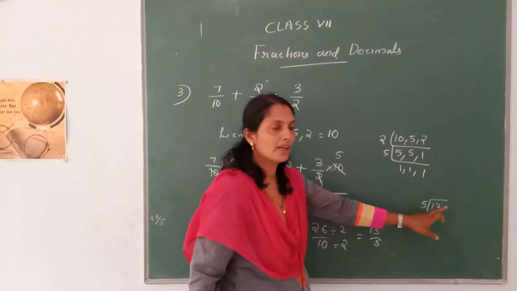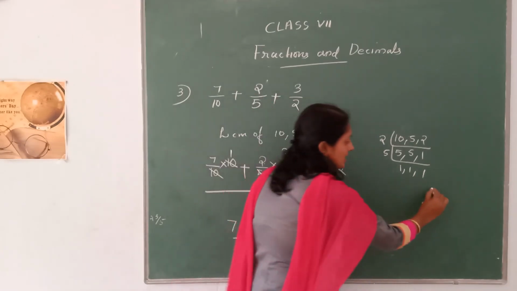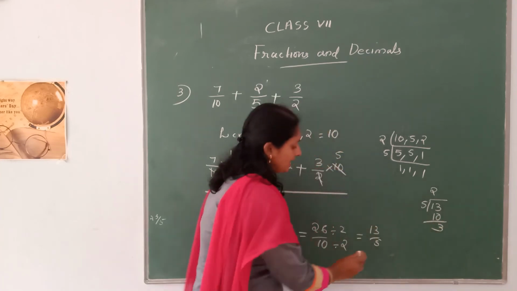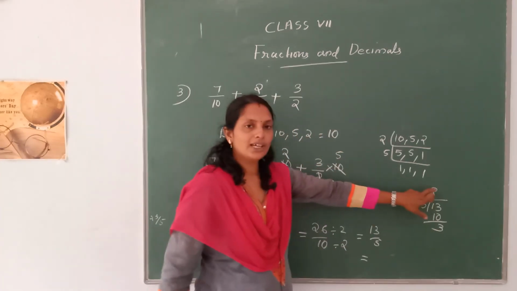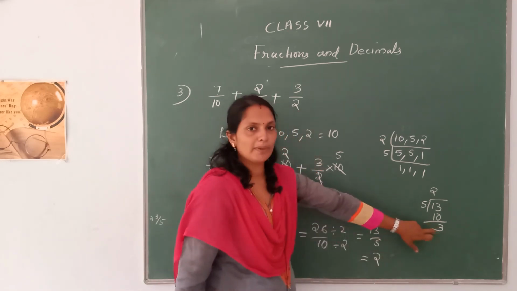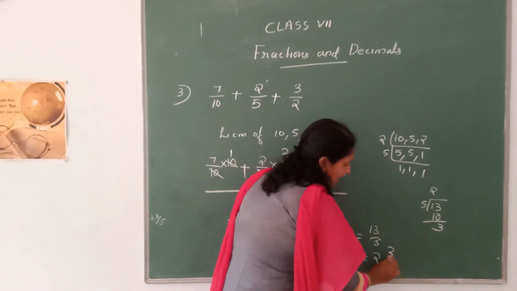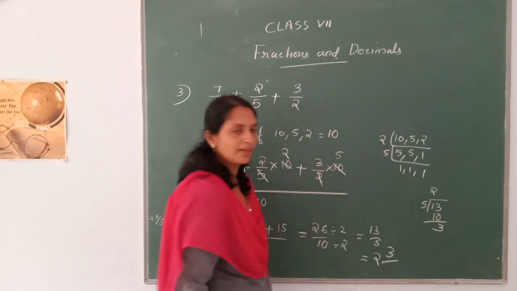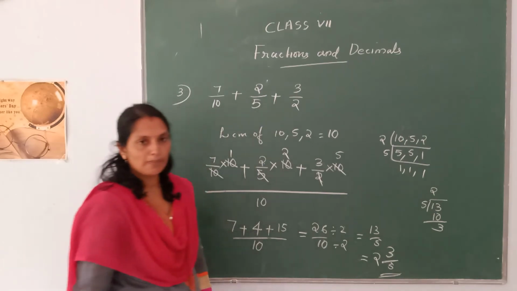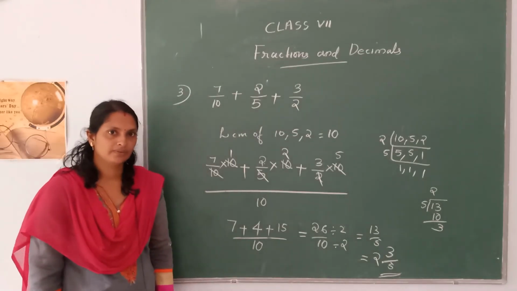How many 5s in 13? That is 2. 2 5s are 10, remainder 3. You already know that the quotient becomes the whole number, the remainder becomes the numerator and the divisor becomes the denominator. Therefore, the mixed fraction is 2 3 by 5, that is the answer.